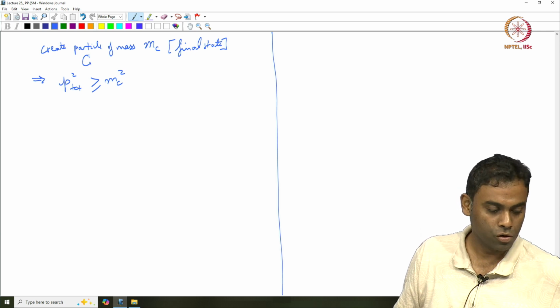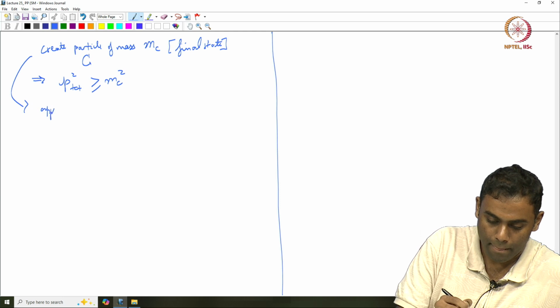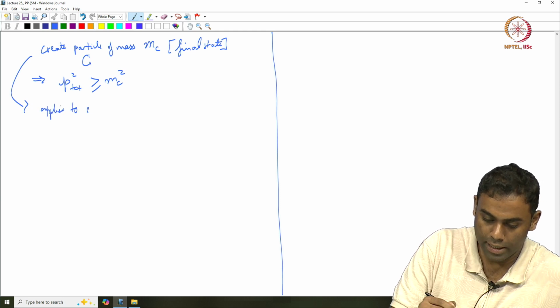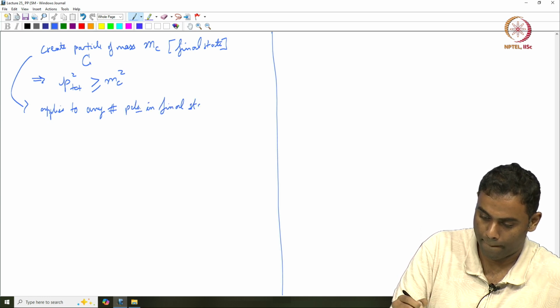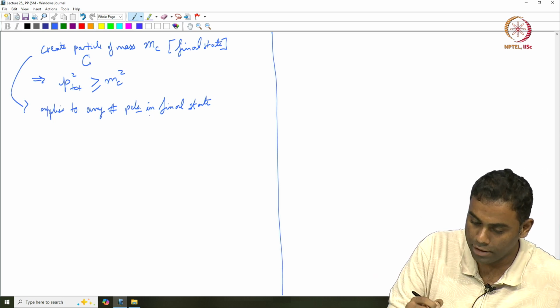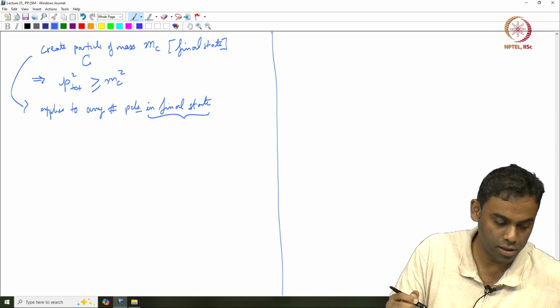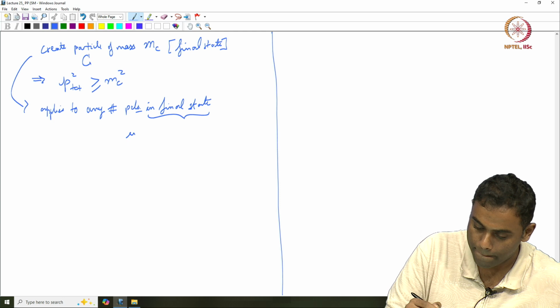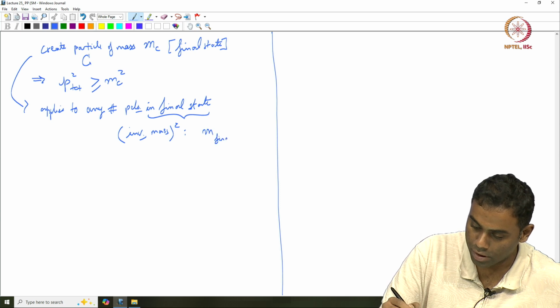Not only that, this applies to any number of particles in the final state, such that their invariant mass, the final state invariant mass squared, I can just call m final squared.